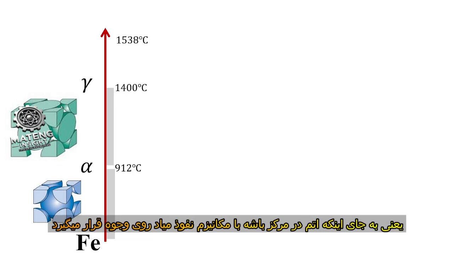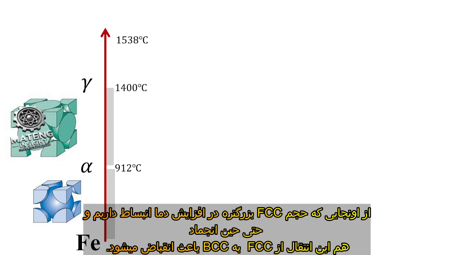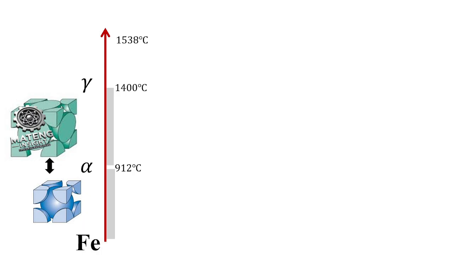This transmission means instead of the atom being in the center, it is placed on the face with a diffusion mechanism. Since the volume of FCC is larger than BCC, this transmission causes expansion while heating, and even during solidification, it will cause contraction.